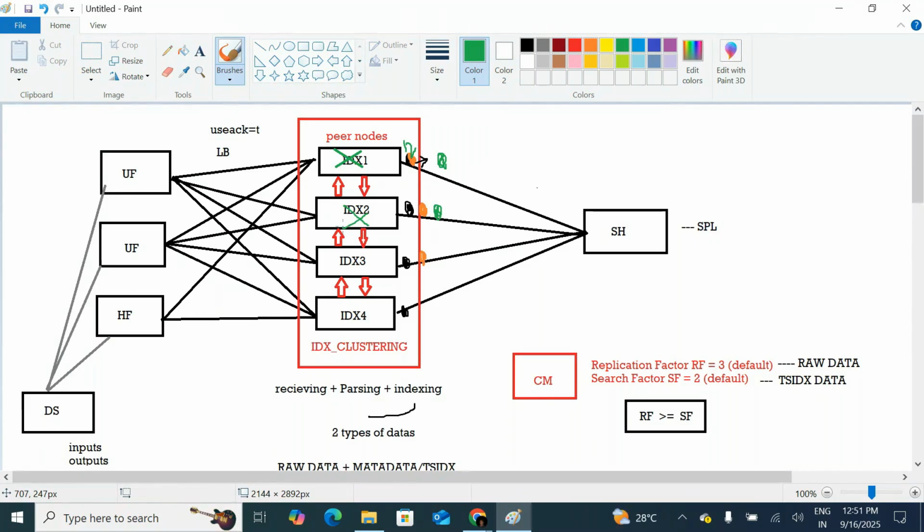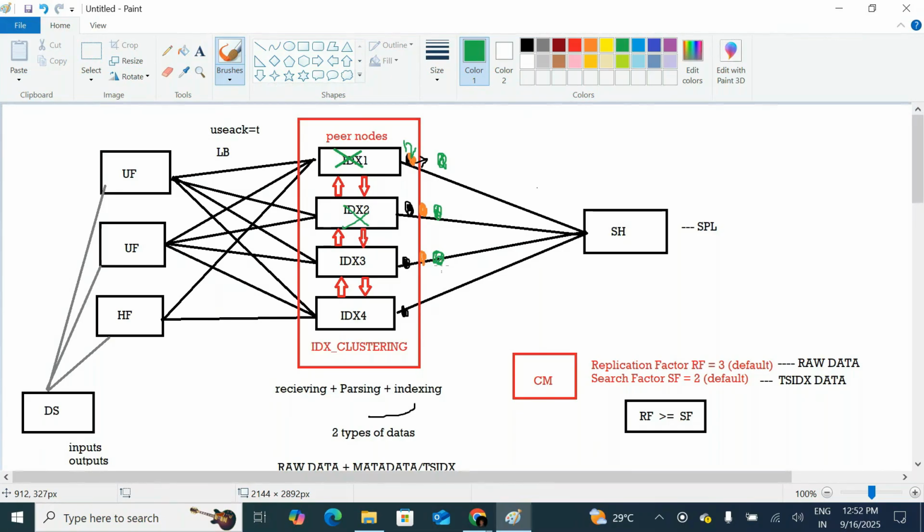Yes sir, maybe, but it will still be searchable. How it will be searchable, I already told you: one strategy you will use. The strategy is that Splunk automatically creates one more copy from the existing raw copy. You already have a raw copy, no?